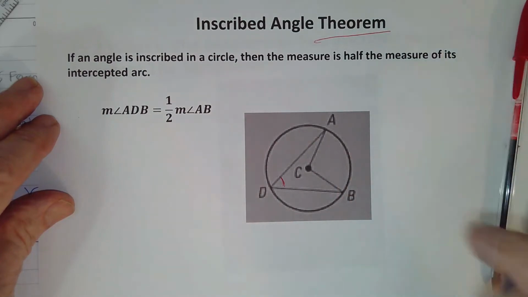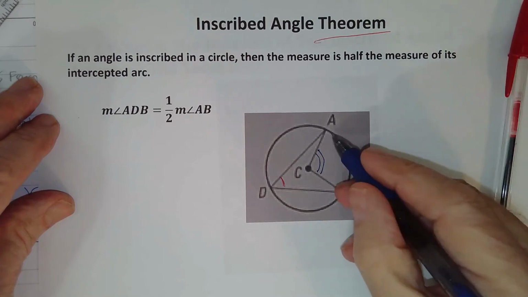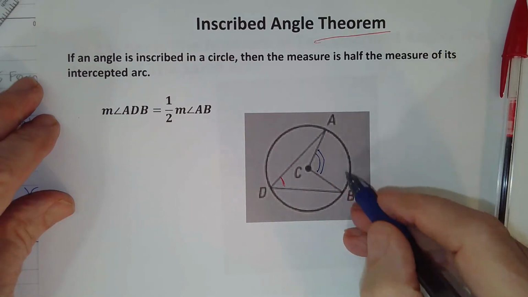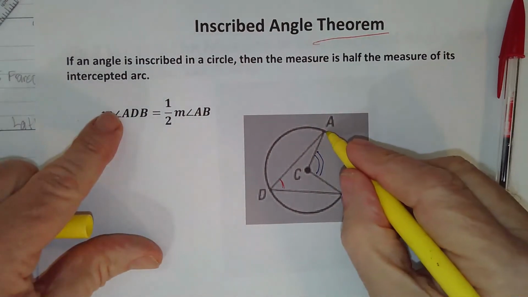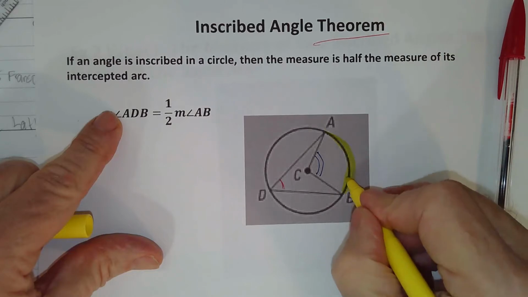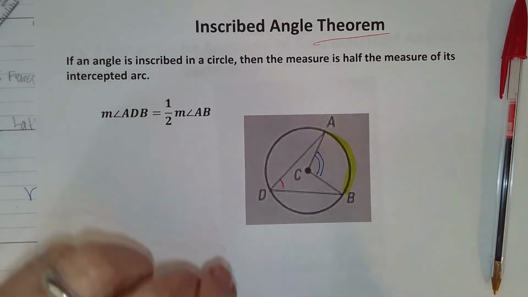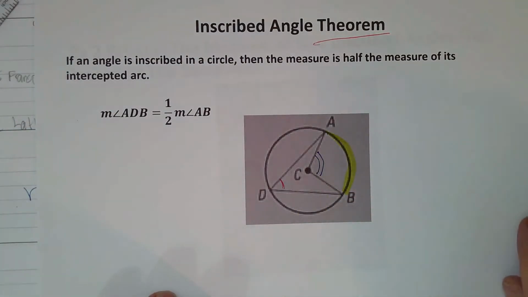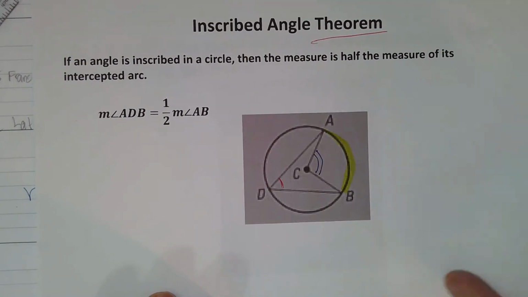And so this is, again, the intercepted arc's angle. Now they're actually looking at this piece out here. It's the intercepted arc, right? So you'll find in geometry they're referring to the arc, but you measure it down here at the center, okay? All right. So that's how we're doing this. Pretty simple. Let's move on.